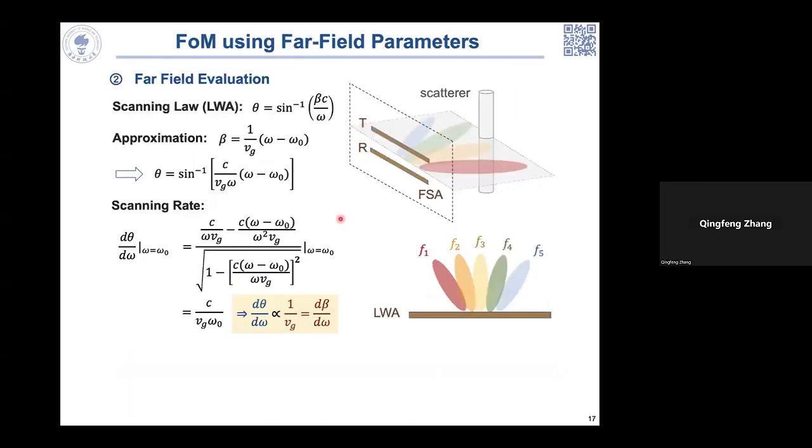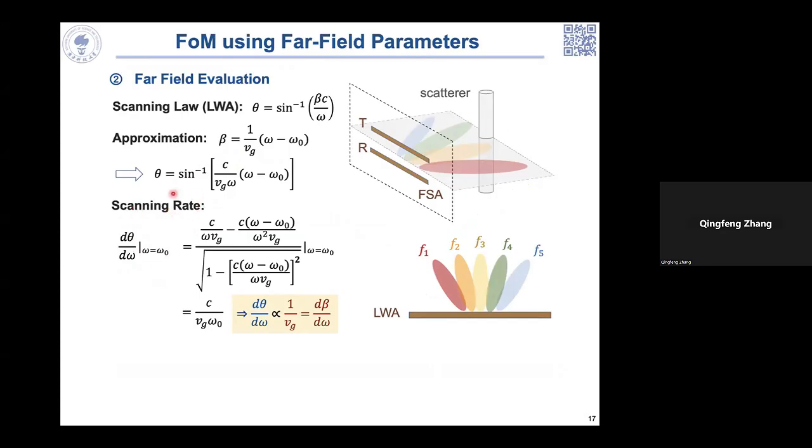For the antennas, usually we want to describe this FOM using some far field parameters, for instance, the beam angle. So here we also define a scanning rate. It is defined by d theta divided by d omega. D theta is the beam angle change, right?